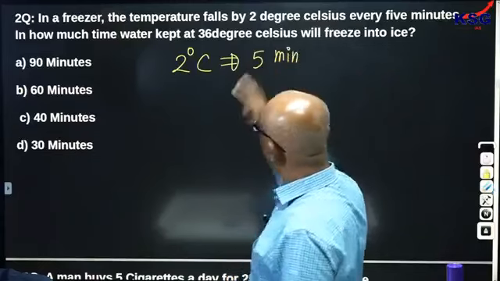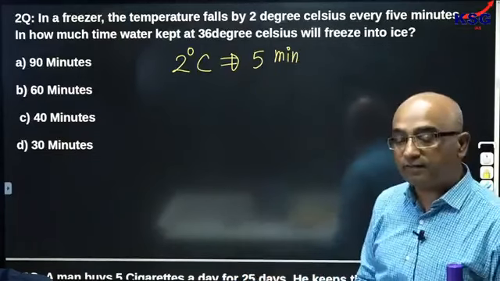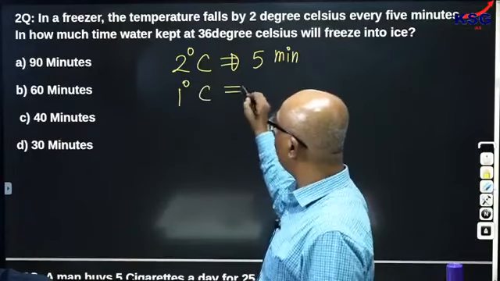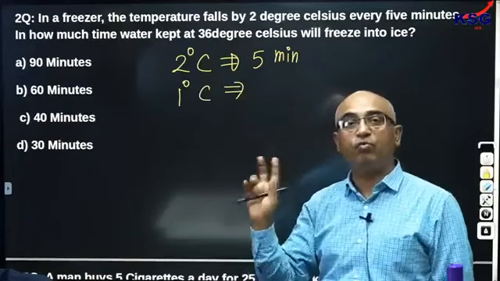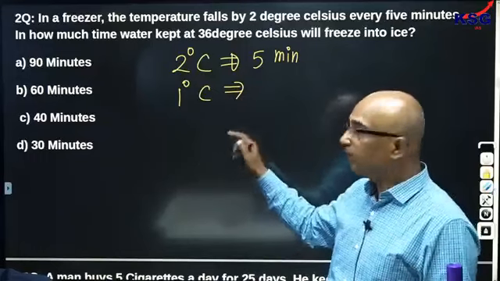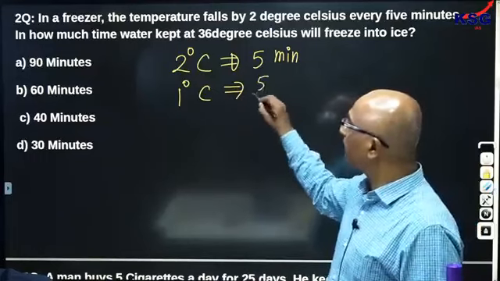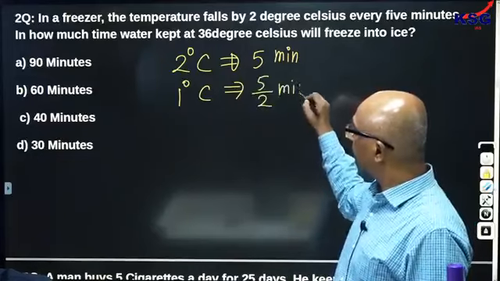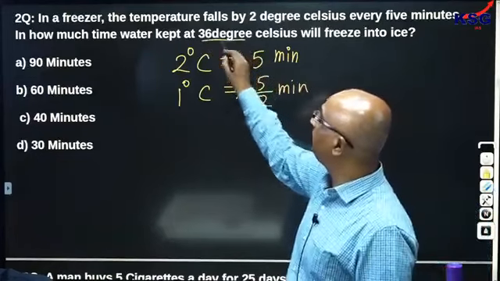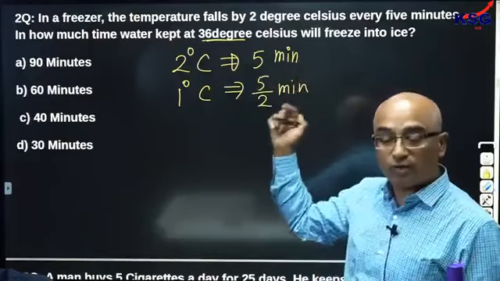So the temperature falls by 2 degrees Celsius in 5 minutes. For 1 degree Celsius downfall, go for the unitary method. First find the time for 1 degree downfall. 1 degree downfall will take less time, so divide by 2. Now the last line is, in how much time will 36 degrees Celsius freeze into ice?